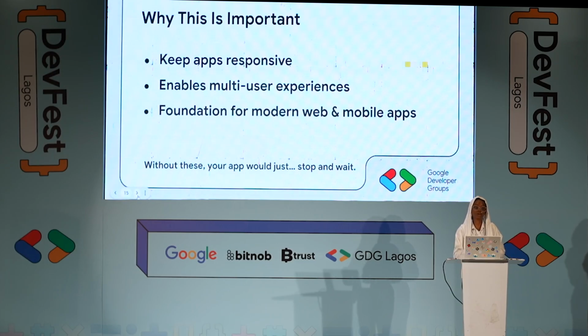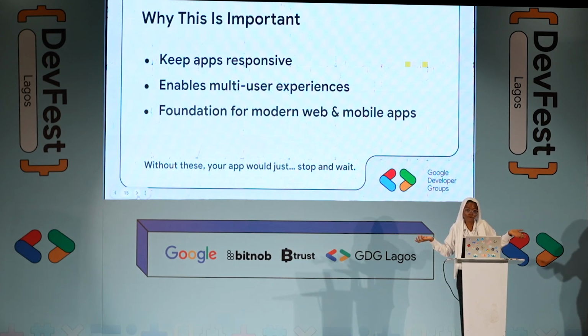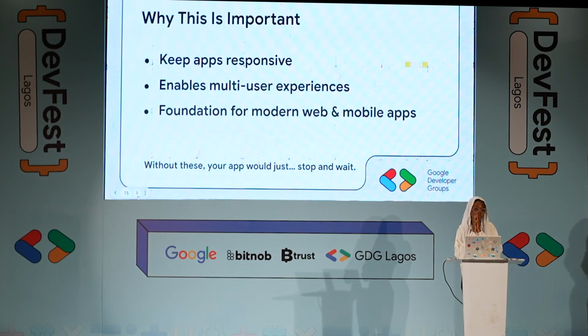Without all these things in place, the app becomes unresponsive at a particular time because the requests are too much. You see that in Nigeria. I don't know about other schools, but in LASU, once it's time to check results, the thing just stops working. If they tell us to go on the application to check at 9 o'clock, I assure you within 10 minutes the server is going to shut down.